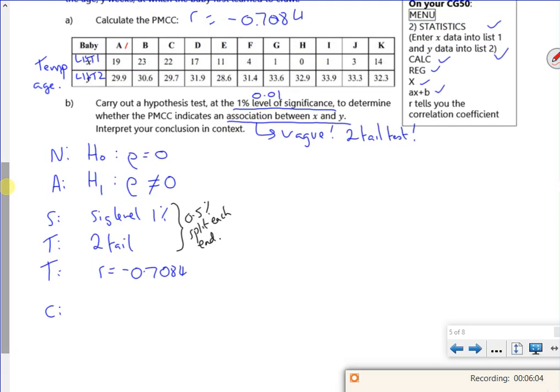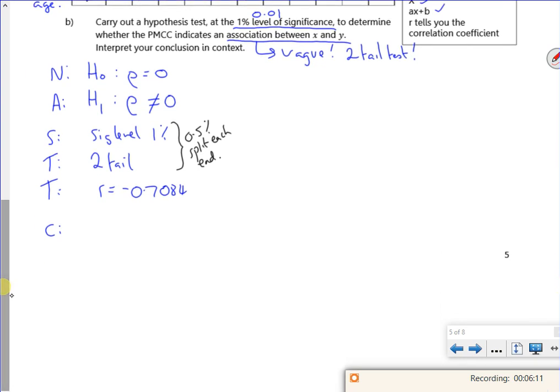I've got 1, 2, 3, 4, 5, 6, 7, 8, 9, 10, 11. So n is 11. It's two-tailed, and it's 1%.